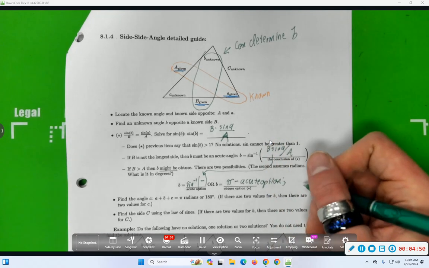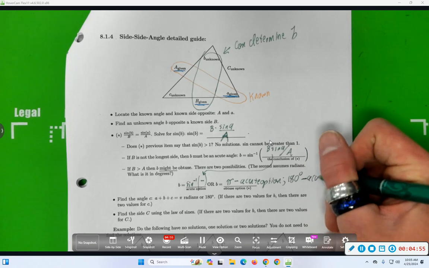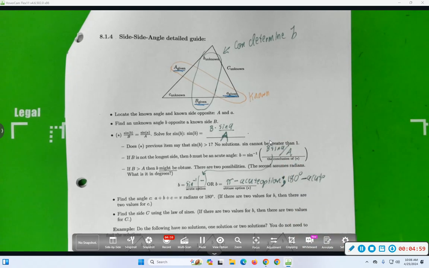Or if you want to work in degrees, because sometimes you do want to work in degrees, 180 degrees minus the acute option. Neato, that seemed pretty good. And so now you know the angle little b.